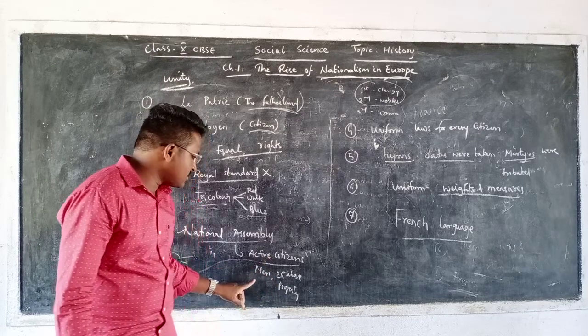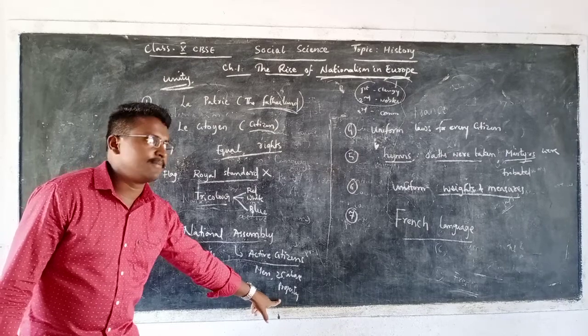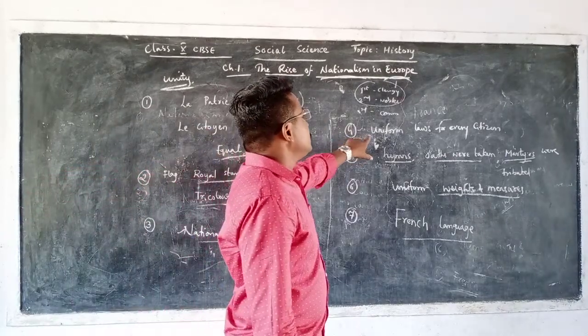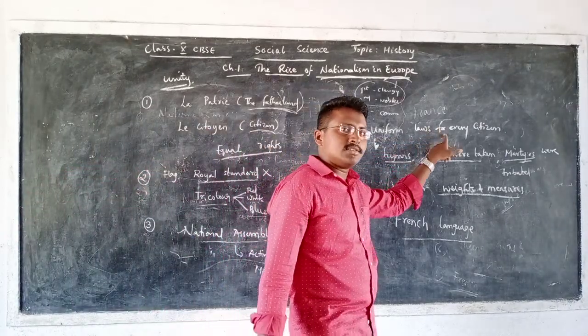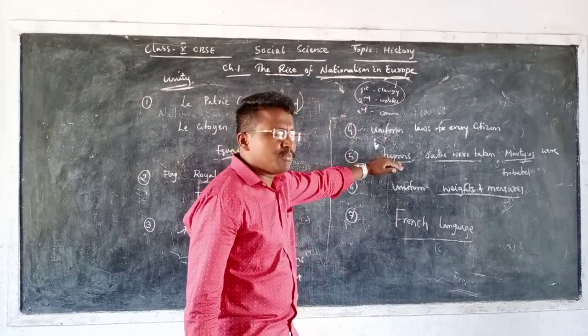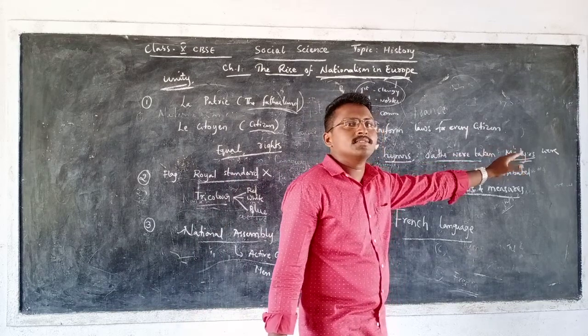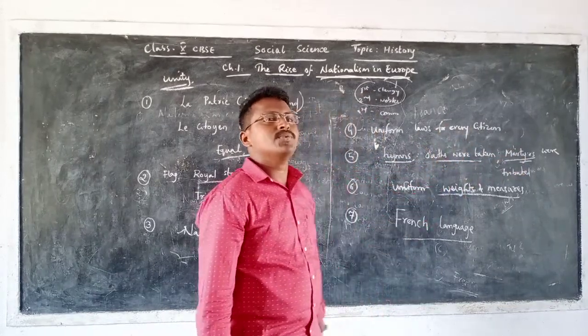Again, active citizens means men of 25 years and above who have property. Fourth, they made uniform laws for everyone. Fifth, hymns were composed as well as oaths taken, martyrs were paid tribute, or you can say they started showing respect to their martyrs.